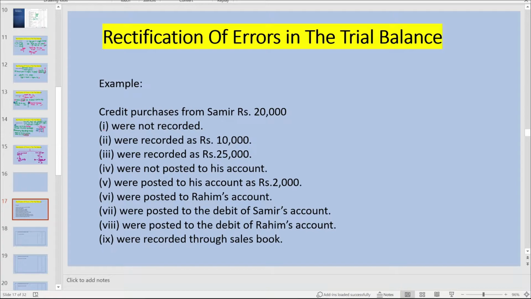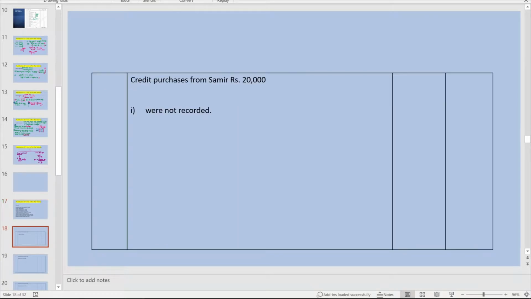So the example is credit purchases from Samir. The company has purchased some merchandise or goods from Samir worth rupees 20,000, and these, from 1 to 9, are the types of entries I have done which are reflecting in the trial balance, and these are the errors. One by one I have taken it up in each of my slides.